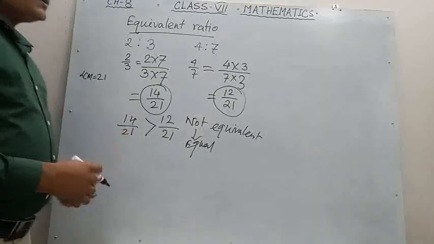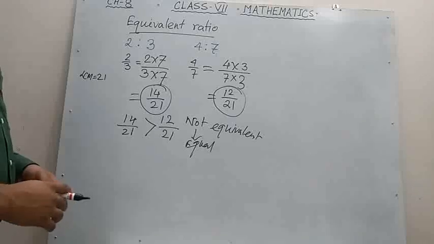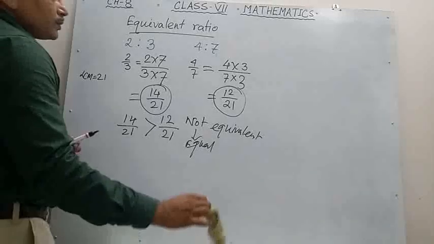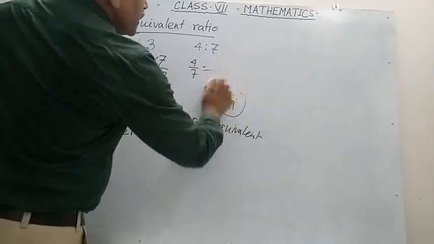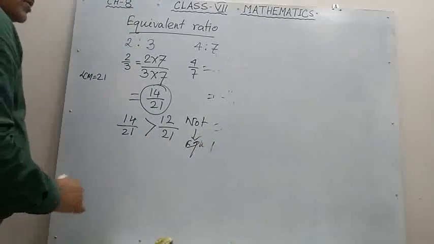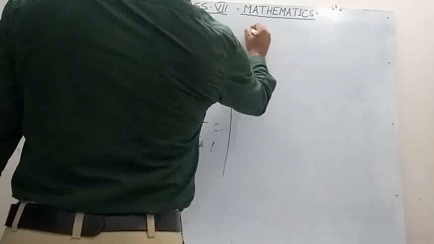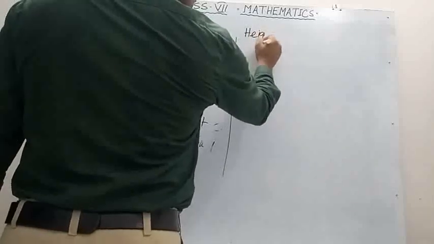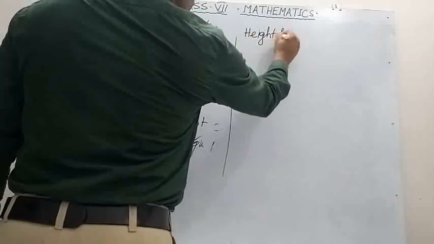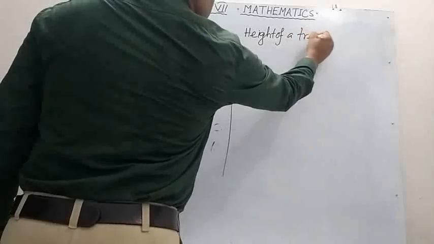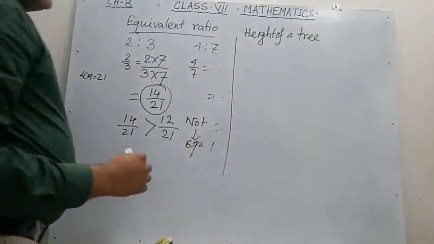Now, what is its application? Suppose there are two quantities. One is the height of a tree, another one is the length of its shadow.